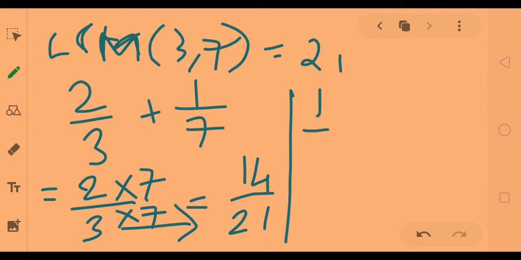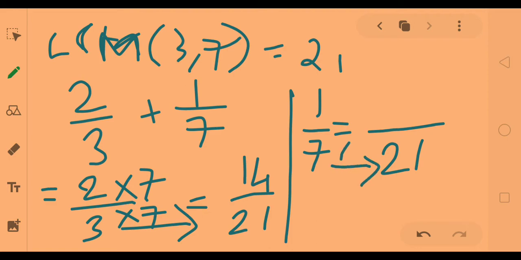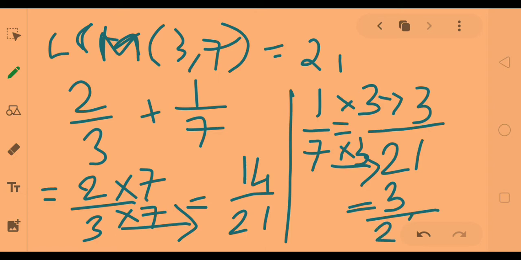Similarly, 1 by 7 we change. For 1 by 7, we need to get the denominator 21. So to get the denominator 21, what number is multiplied? It is 3. Therefore on the numerator also we multiply the same number 3. So 1 into 3 we get 3 itself. So the equivalent fraction with the same denominator is 3 upon 21.